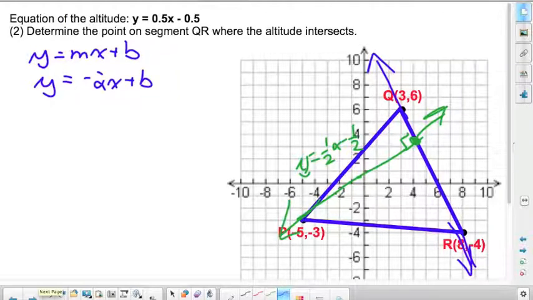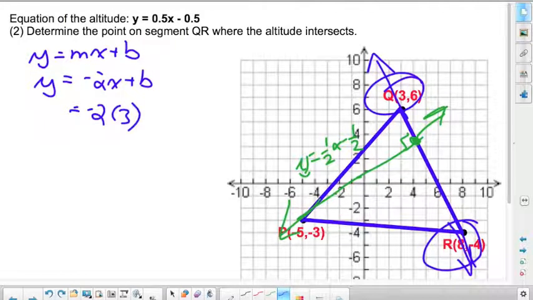How can we solve for b? Sub in one of those 2 points. So we've got to sub in this point or this point. Which one? I picked Q because it's got no negatives. So when x is 3, y is 6. So I got 6 is equal to -6 plus b.